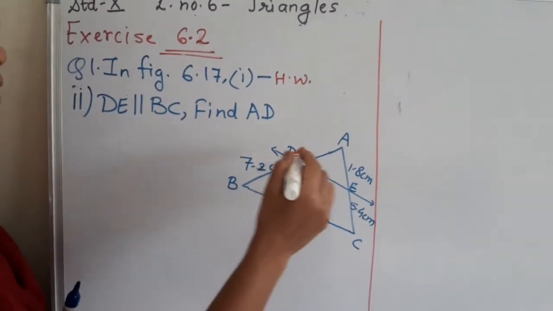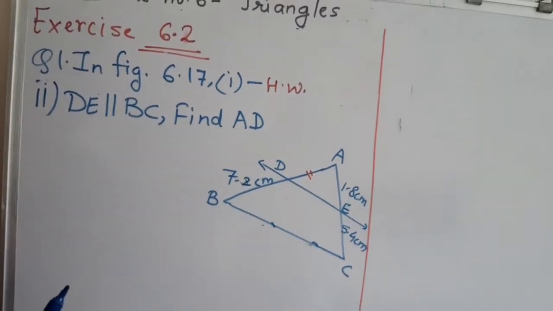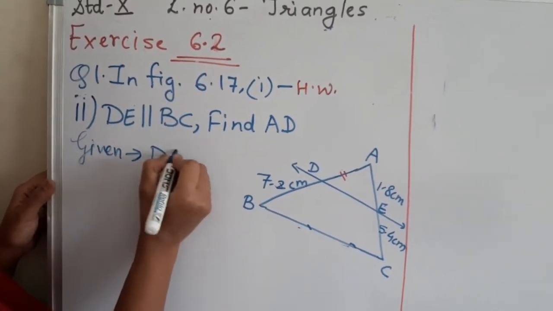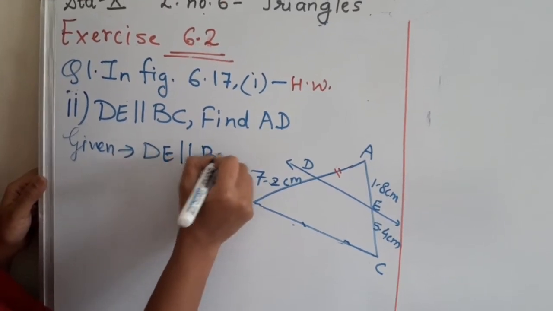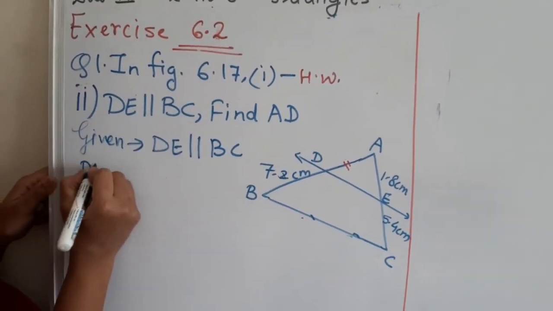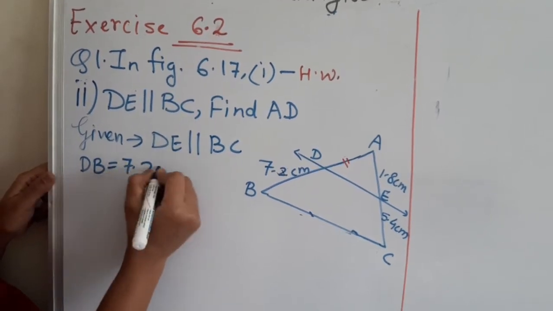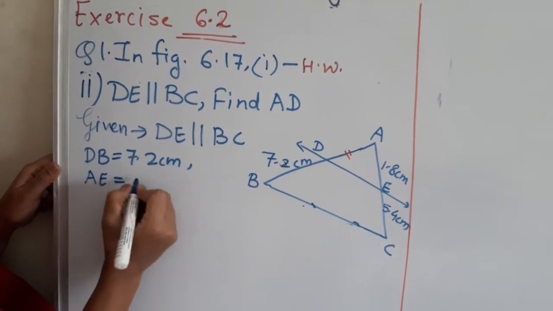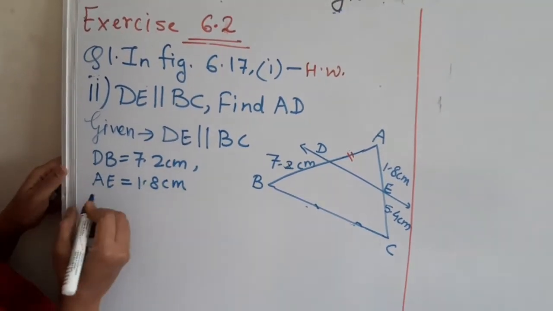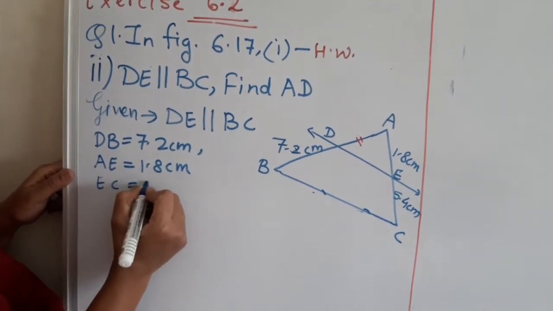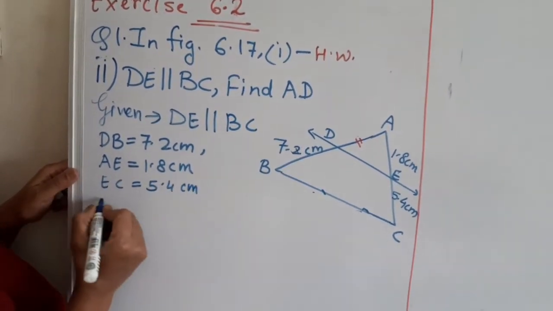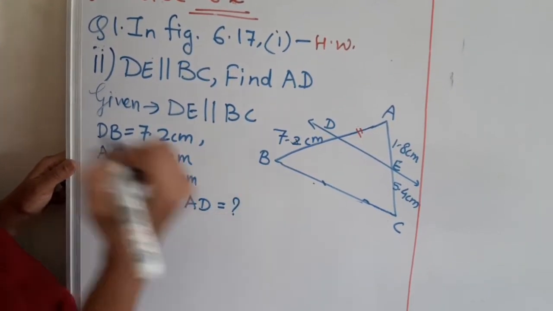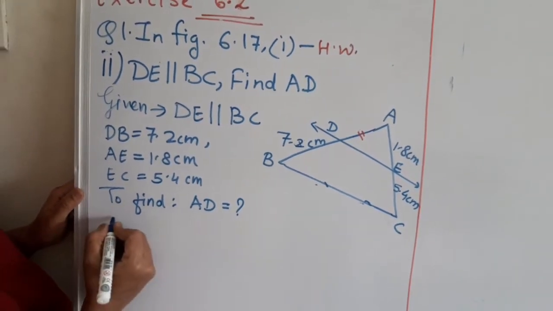So what is given here: DE is parallel to BC, then DB is equal to 7.2 centimeter, AE is equal to 1.8 centimeter, and EC is equal to 5.4 centimeter. Then what we have to find? We have to find AD.